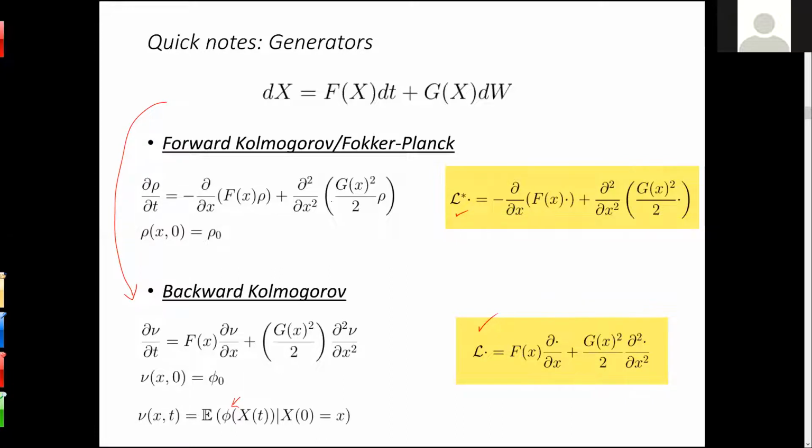The Fokker-Planck gives more sense because rho here gives you the density of the process X at time t, because rho is a function of x and t. So it gives you the evolution of the density of an SDE.